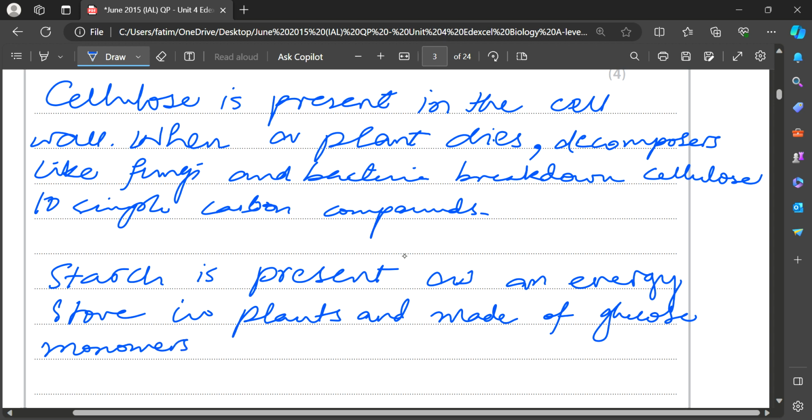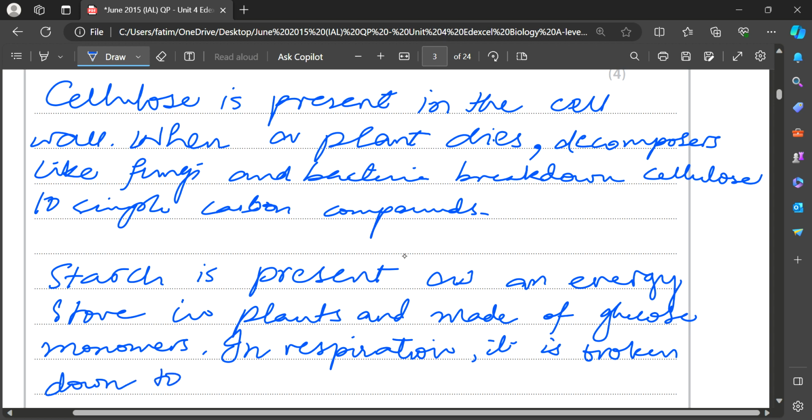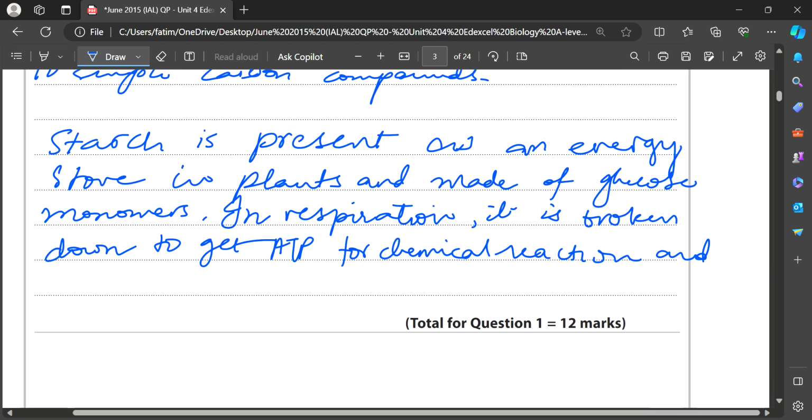And so in respiration, it is broken down to get ATP for chemical reactions, and CO2 is released into the atmosphere.